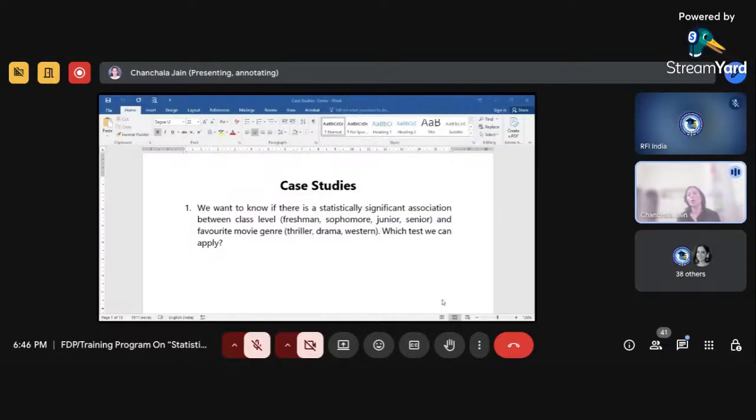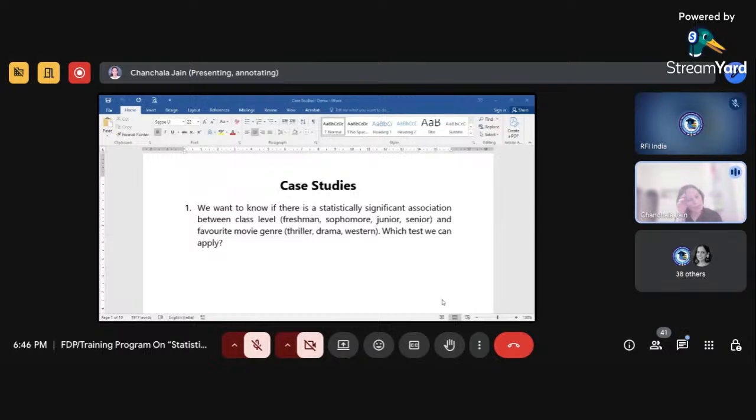According to me, this is a chi-square test. The reason is, you can see we want to find here the association between the variables, right? And the variables given here are categorical in nature: class label, freshman, sophomore, junior, senior, and the movie genre, thriller, drama, and western.